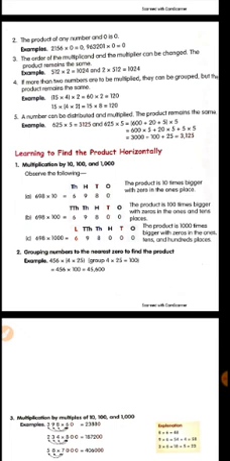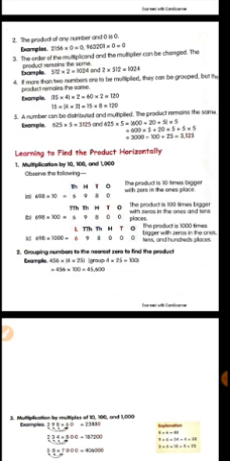An example is given: 625 into 5 gives us 3125. Here if we distribute 625 into 5 as 600 plus 20 plus 5 into 5, then we have to multiply 5 with all the three numbers.